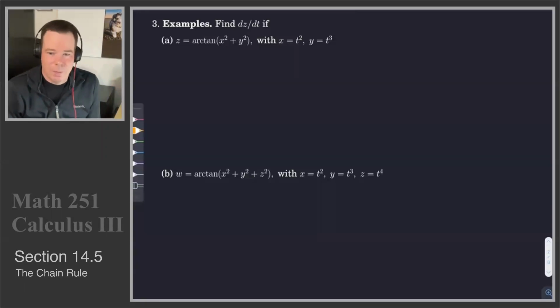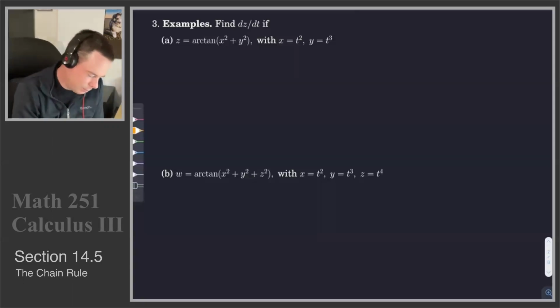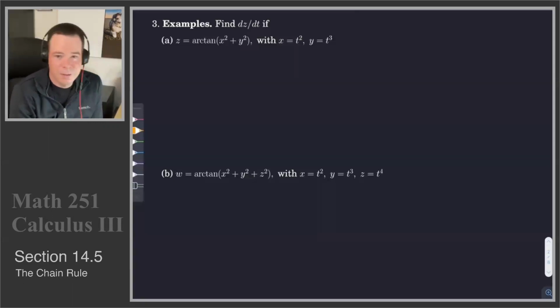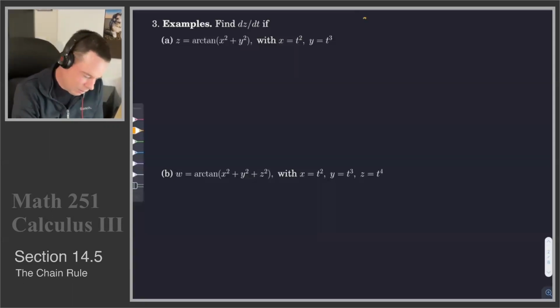So let's look at an example. We're going to find dz dt if we've got z is arctan of x over y, but x and y themselves are both functions of t. What is the derivative of z with respect to t? So I'm going to say maybe the substitution and differentiate method.